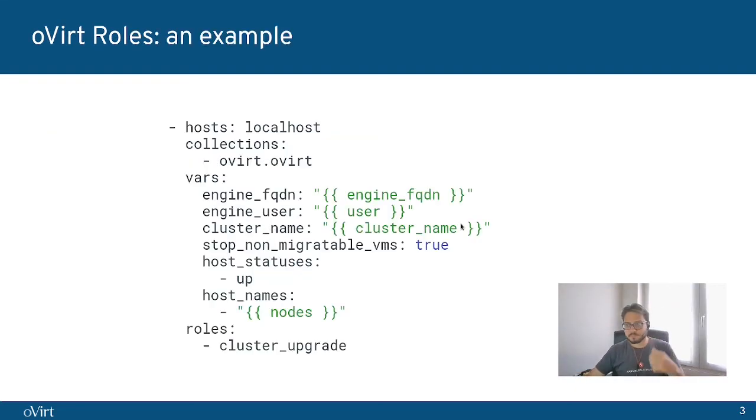So how can we do that? We can create our playbook where we set the namespace of our collection. We set some variables that will be read by the role, and we tell Ansible to use this role, which in this case is the cluster upgrade one.